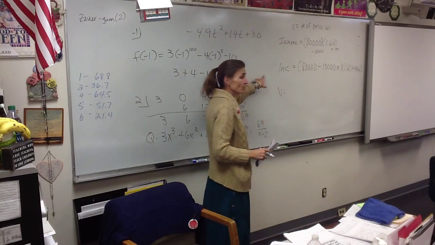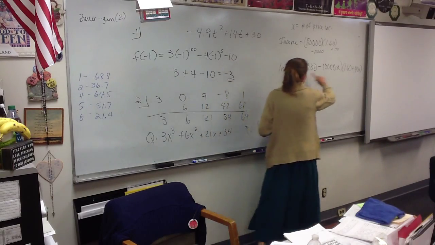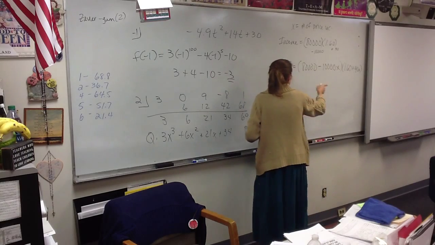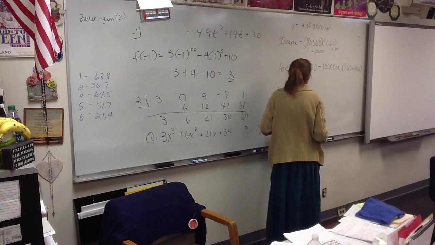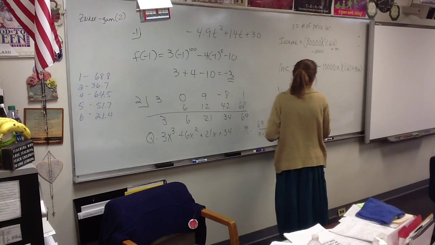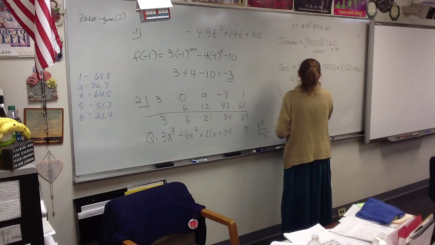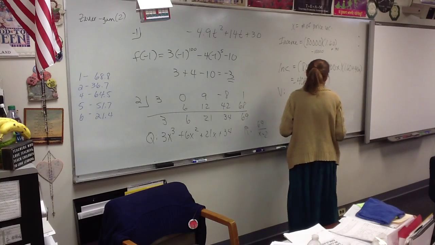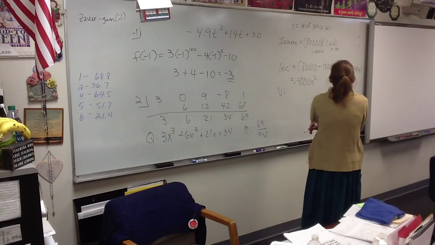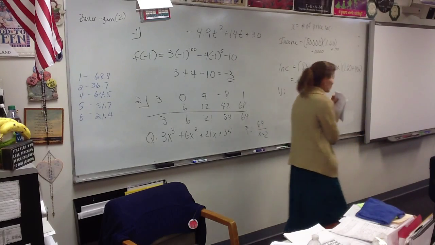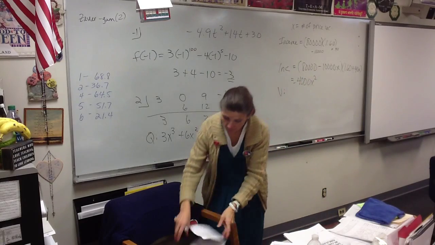But in order to find the vertex, we have to get that in standard form. All right, so what do we get when we do that? I should do this on the calculator.